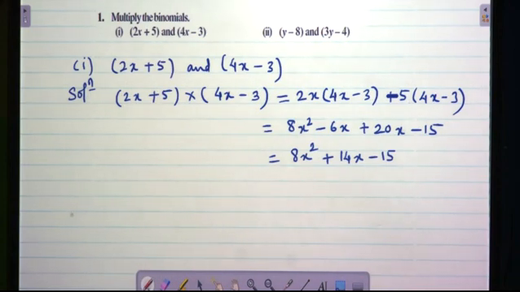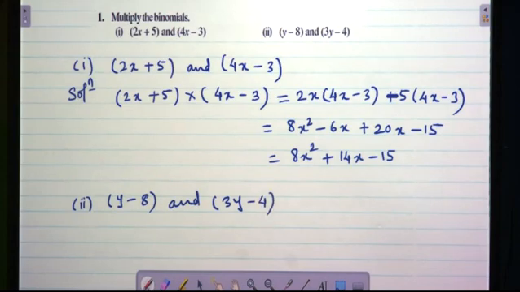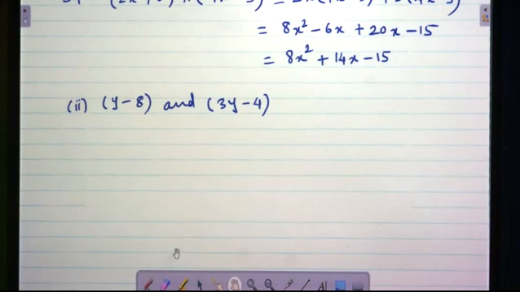Now, let us solve the second one. The multiplication is between y minus 8 and 3y minus 4. The next line is y minus 8 into 3y minus 4.